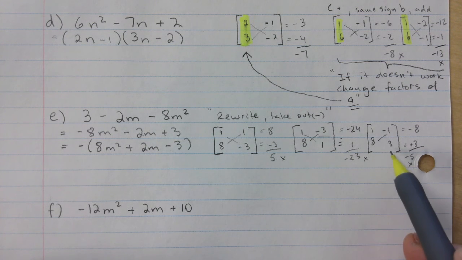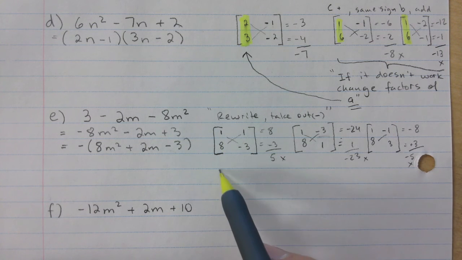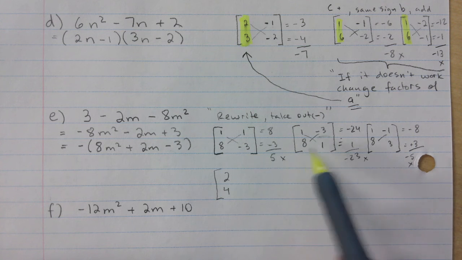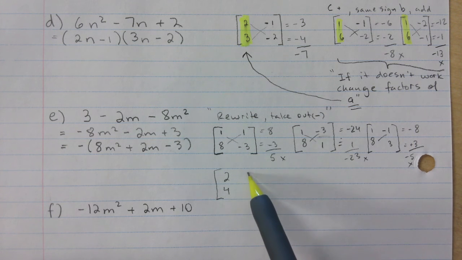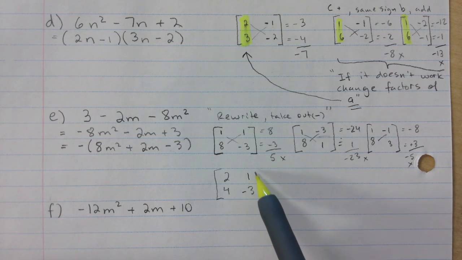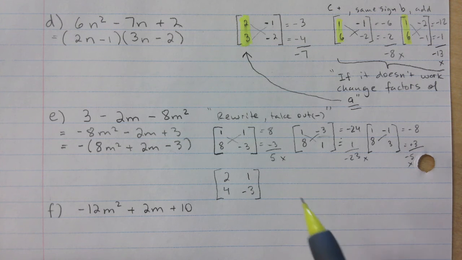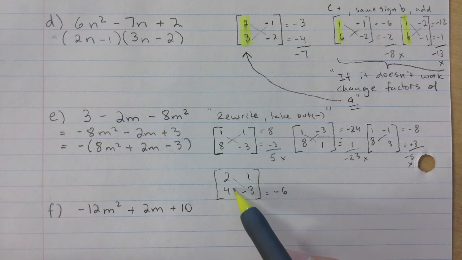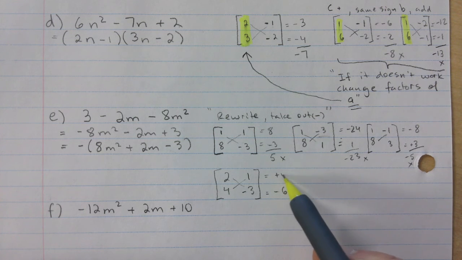So now you need to resort to changing the first, okay? So I'm going to try 2 and 4. This all didn't work, so I'm going to try 2 and 4. I'm going to try 1 and -3. Okay? Multiplying across, you get -6, and you get +4 here.